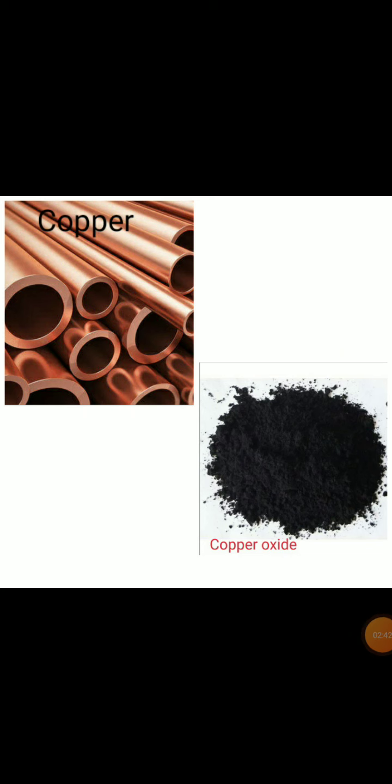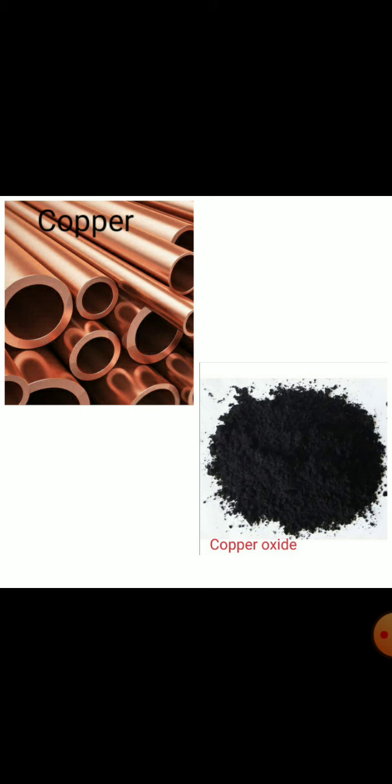Let us learn it by taking an example. If a small piece of copper is heated in air, it combines with oxygen to form copper oxide. You can see copper oxide is black in color.